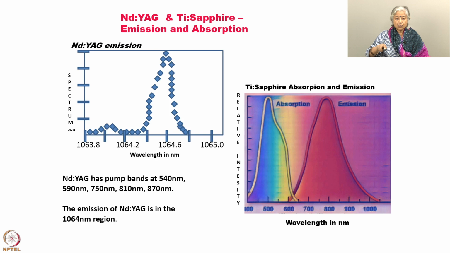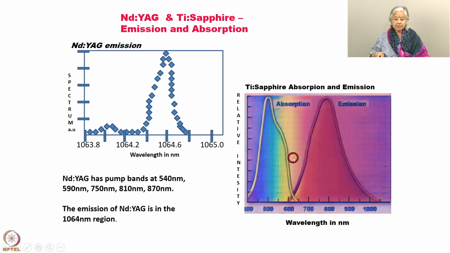I did not show you any energy level diagram here, or the schematic of the resonator mode, which is pretty much what the other lasers also have. So, by now you are familiar. Here I show the titanium sapphire, and why it is very important.